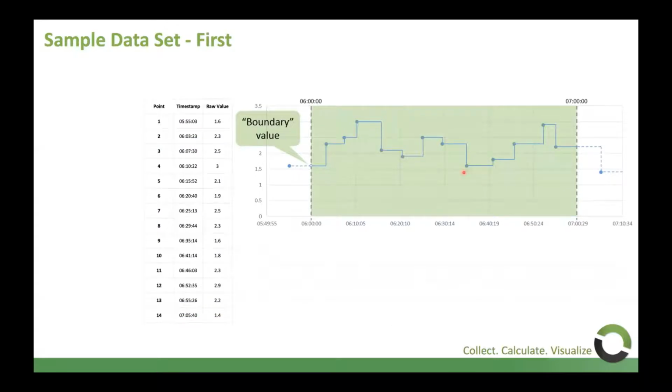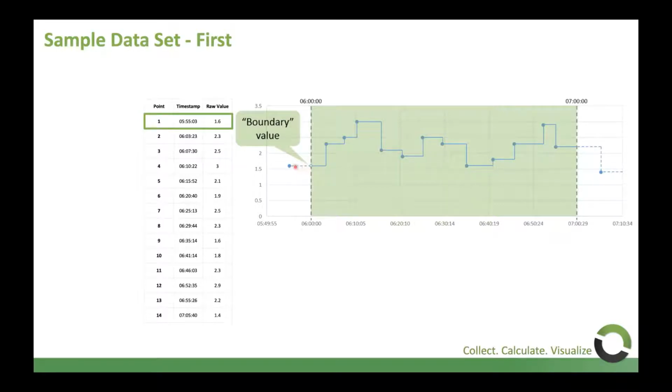Right, the next aggregation method that we've got is what we call the first aggregation. What that means is please return me the first value for the hour. In this case, we will return what we call the boundary point. So the first point that I've got in this hour will be this value at exactly 6 o'clock.